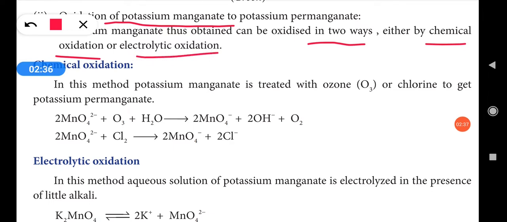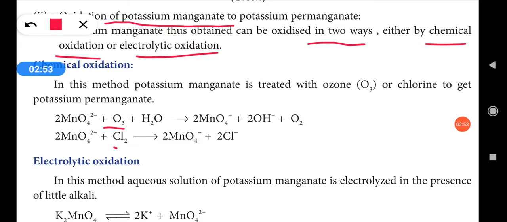In the chemical oxidation method, chemicals like ozone or chlorine can be used for the oxidation. In the electrolytic method, electric current is used for oxidation. So first we see the chemical method.